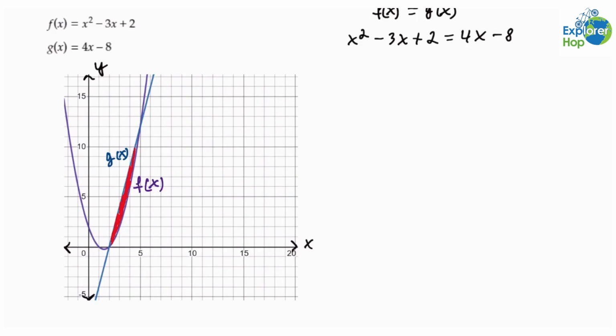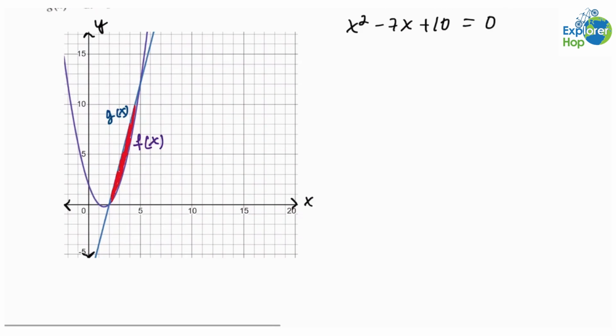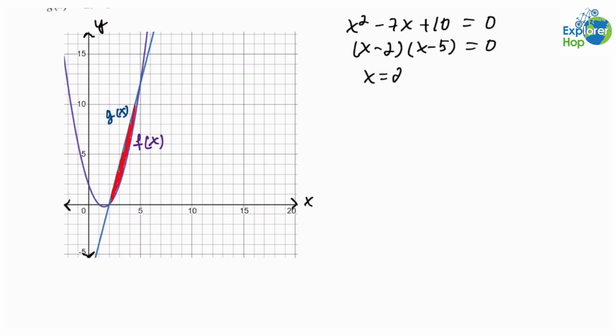And this means that x squared minus 7x plus 10 equals 0. And we get that x minus 2 times x minus 5 is equal to 0, which means that x is equal to 2 or 5.